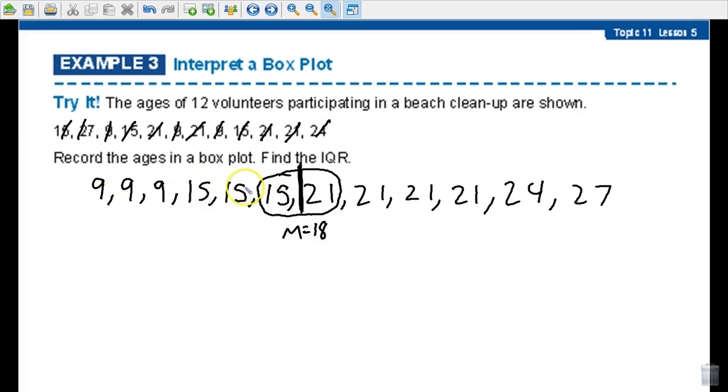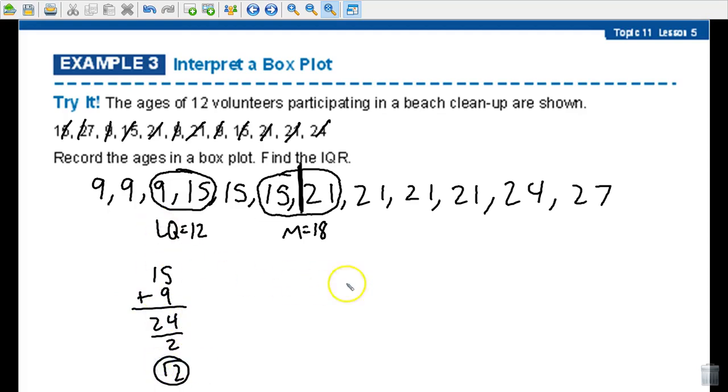And then we get the two medians for the lower quartile would be 9 and 15. So 9 plus 15 is 24, and half of that is 12. So the LQ equals 12. So that's, I do 15 plus 9, that's 24, divided by 2 equals 12. Okay? So 12 is the LQ.